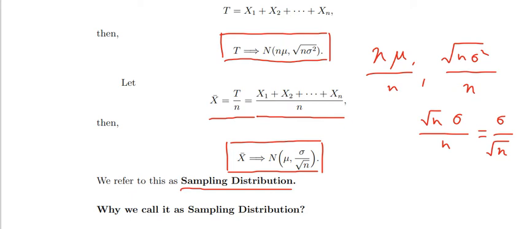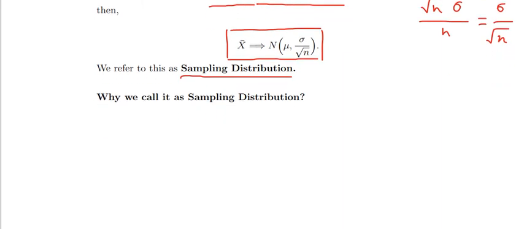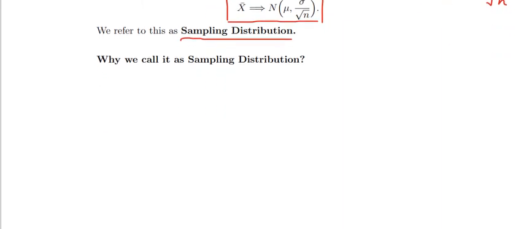We call this the central limit theorem, and this x bar we call the sampling distribution. So why do we call this a sampling distribution? It's not that we just use a different name for the same thing.